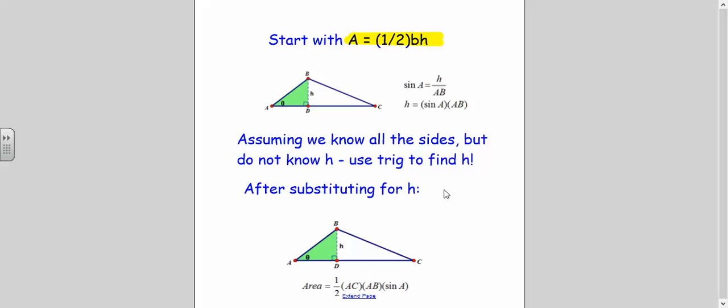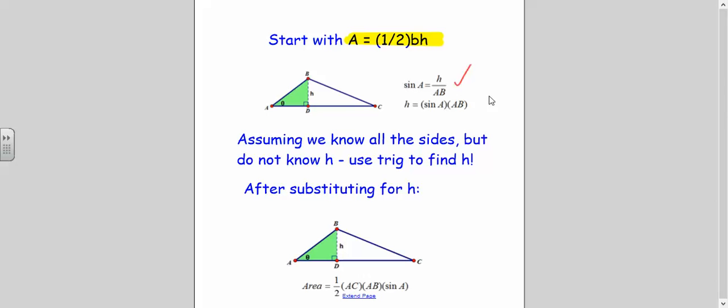If we look at what we already know from trigonometry, they're labeling this as theta, so this is our angle, angle A, okay? And if we were looking at just the sine of that angle, it would be this height over your leg AB. That's what they have written right here.